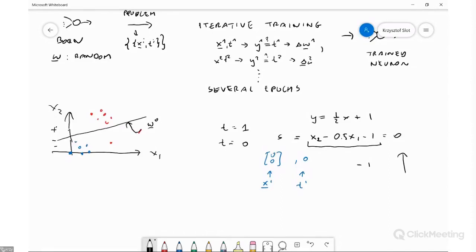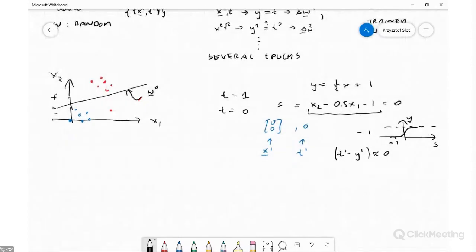That means my neuron's output is its state, and let's assume that here it is -1. So I can say that the difference between target minus what is actually generated is close to 0. Observe that, once again, I will show you the delta rule.